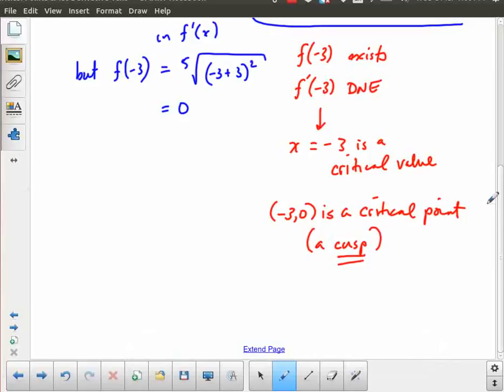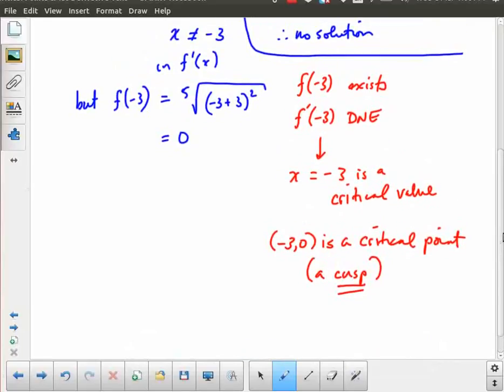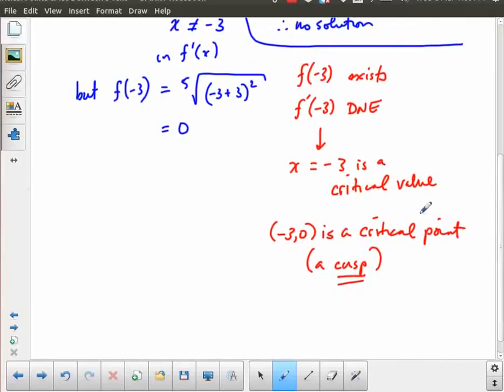Now, if we were going to finish the analysis of this, we need to test if this is a maximum or a minimum. So we would test values of x that approach 3 from the left side, and values of x that approach 3 from the right side.